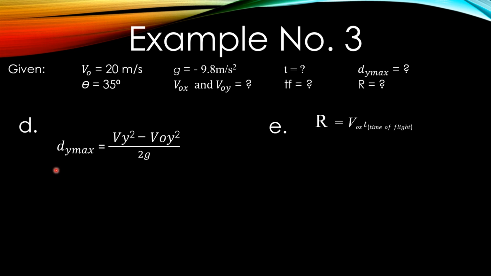We have the formula dy max is equal to instantaneous vertical velocity squared minus initial vertical velocity squared divided by 2 times the gravitational pull. The value of the Vy is equal to 0. On the other hand, the value of the initial vertical velocity is equal to 11.5 meters per second.